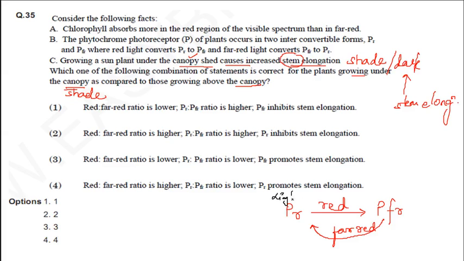And when they are under dark or under shade, PFR is converted to PR. So if I write, during light, red light will be more, and far red light will be less.